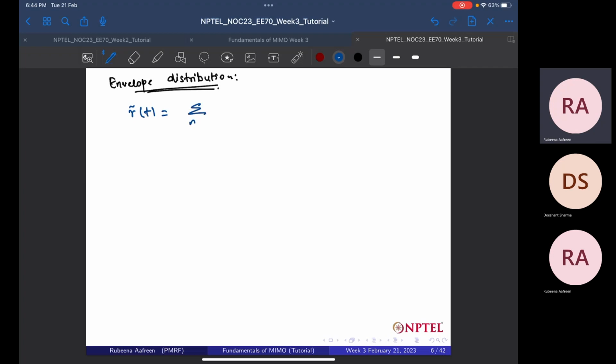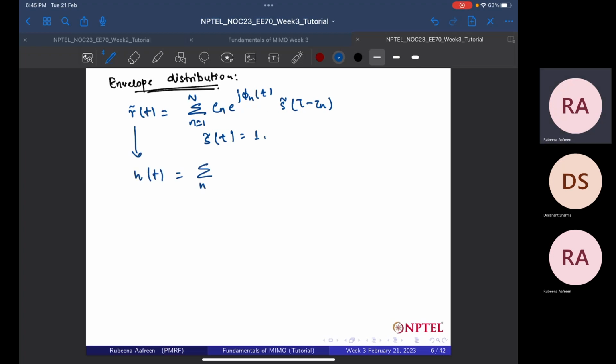Till that we write as summation n equal to 1 to N, c_n e to the power j phi_n, which is a function of time, and then we have s of t minus tau_n. So suppose if s tilde t is 1, then can we write this r(t) as h(t)?